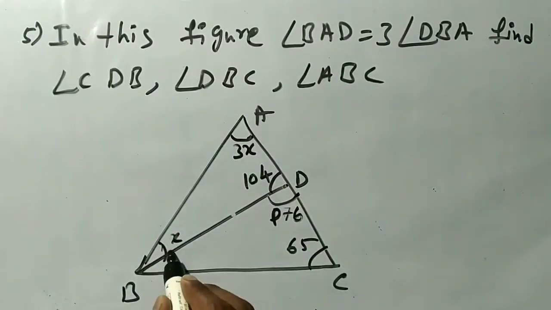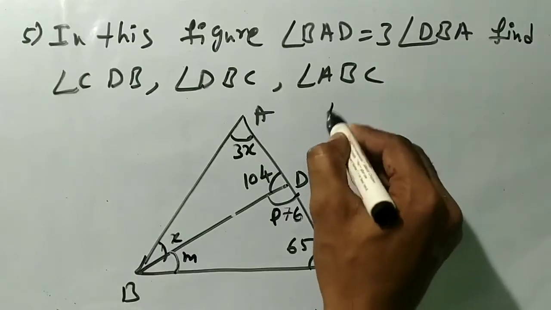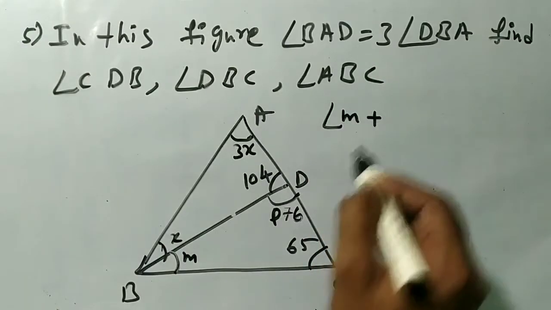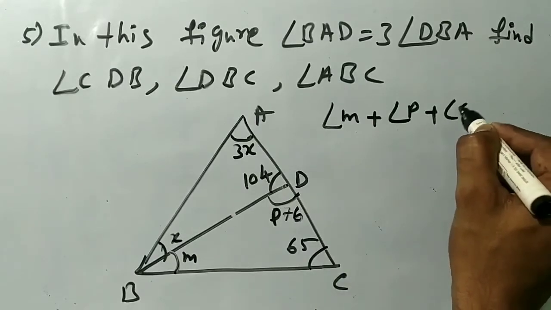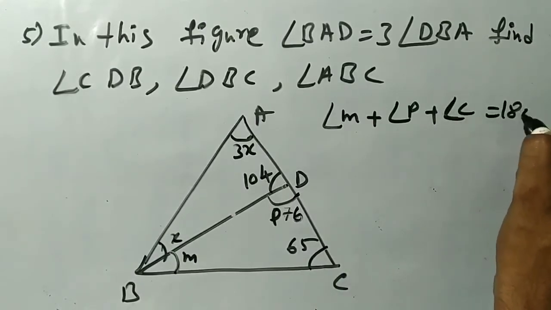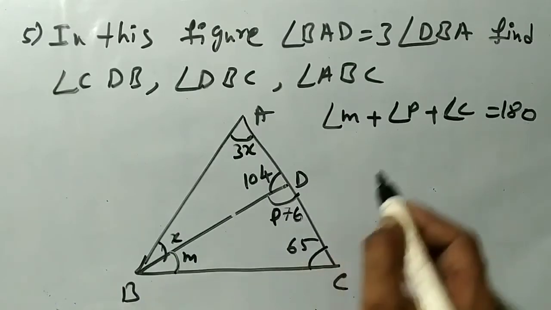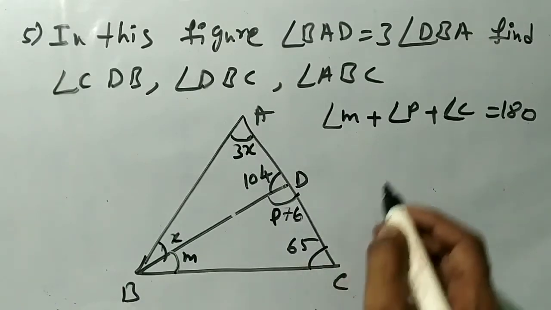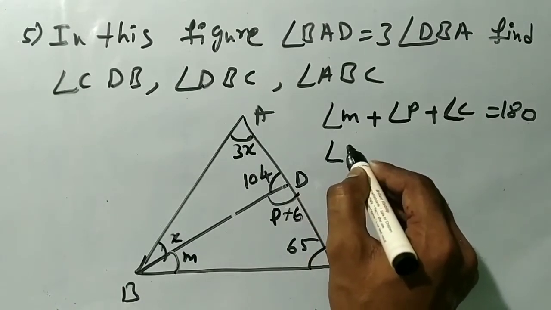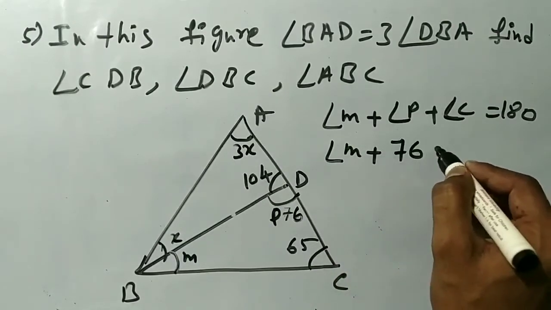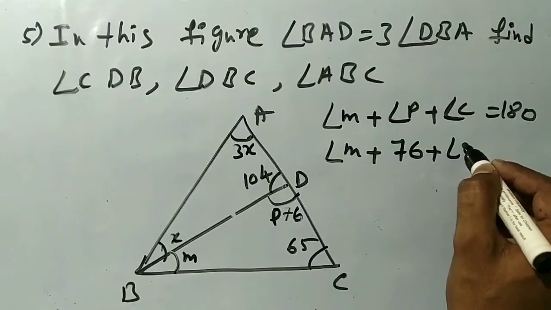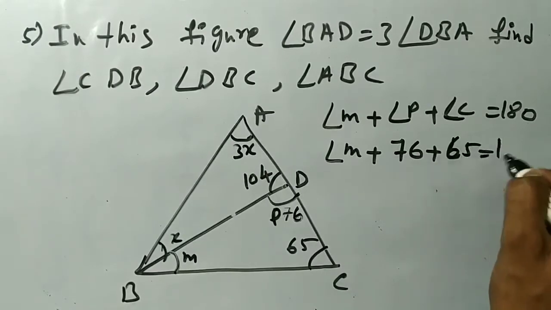Let us consider this is angle M. Here angle M plus angle P plus angle C is equal to 180. We don't know M, but we know P. Just now we found angle P is equal to 76. Angle C is equal to 65, as given in the question. That sums to 180.